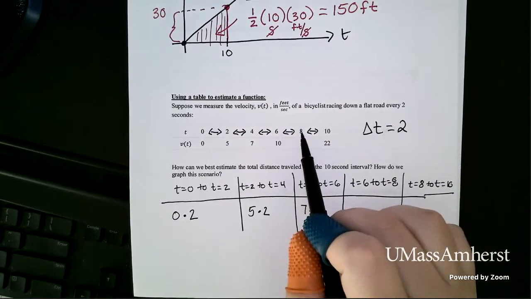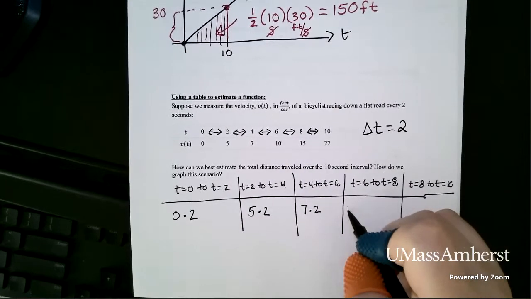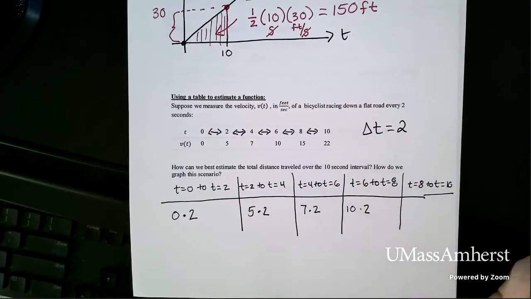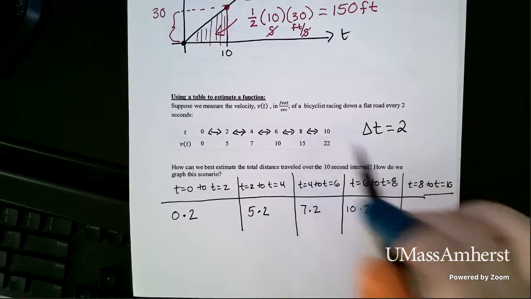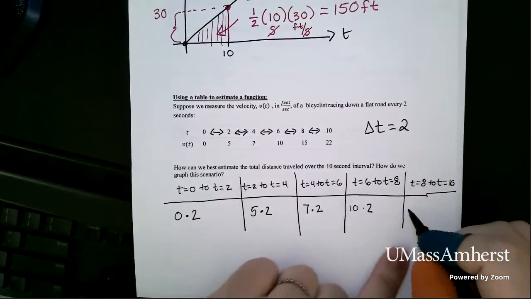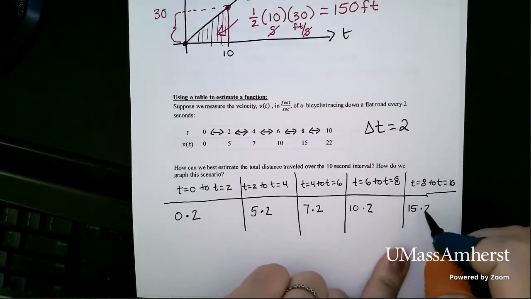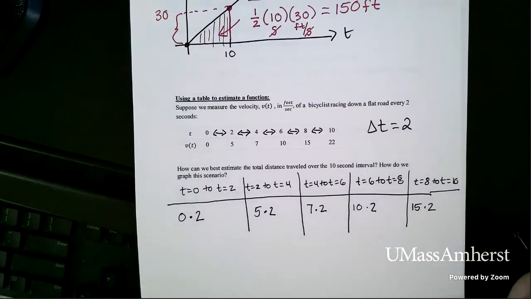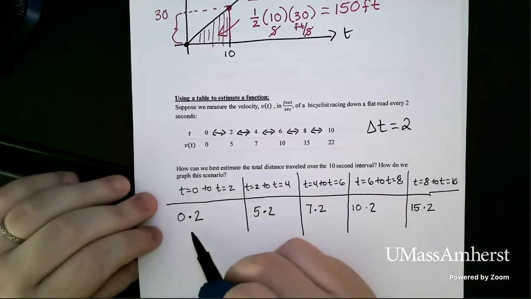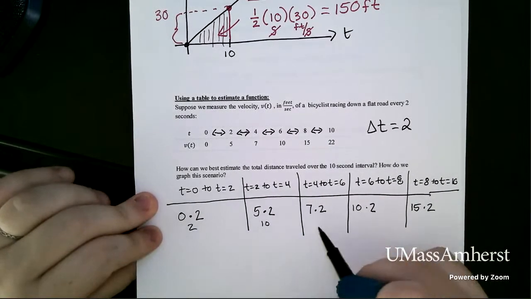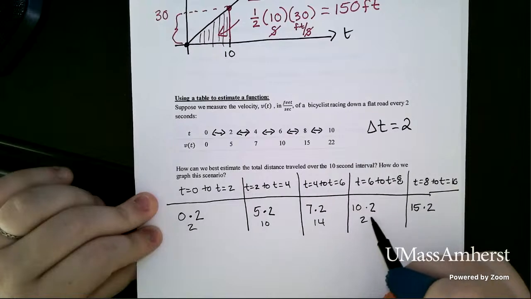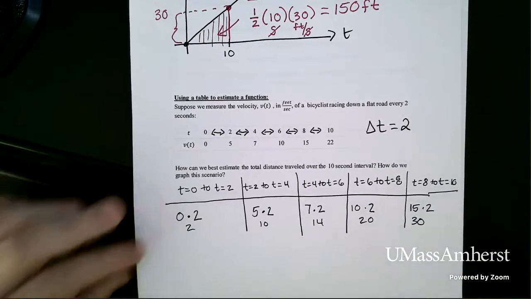From time 6 to time 8, I pick the rate on the left, which is 10. 10 times 2. And then time 8 to time 10, I pick the rate on the left, which is 15 times 2. Now, as we did before, we want to add up all of these values, right? So this is 2, this is 10, this is 14, this is 20, this is 30.